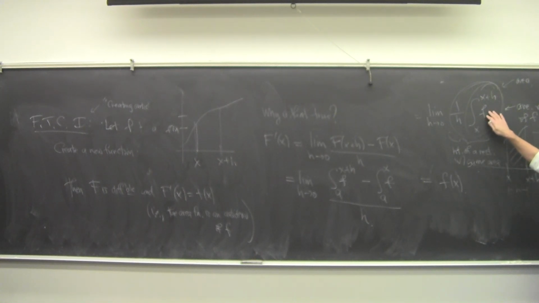So that's not hard. Maybe the last part is the hard one. You think, well, what does this mean? This thing is the average value over this interval, and then you let that interval become really small. Well, what happens to the average values? If I look over this interval, the average value is pretty close to the value at this left endpoint.